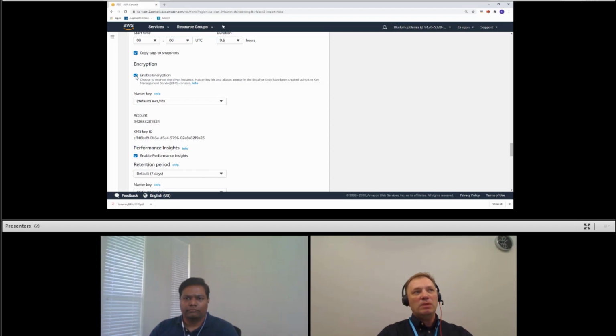Here, EBS encryption is very similar in the sense it's using exactly the same Advanced Encryption Standard 256, but it is a whole lot easier to set up because it's just a checkbox. It's literally that easy. And the performance overhead associated with EBS encryption is close to nothing. We built our own hardware in order to leverage hardware acceleration for this function.